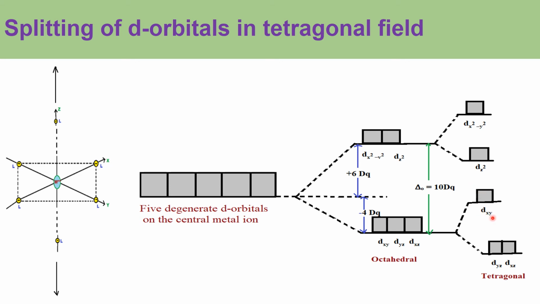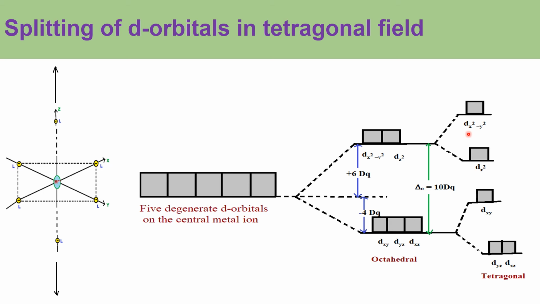So dxz and dyz orbitals have less energy than the dxy orbital, and in the case of eg orbitals, the dz square orbital has less energy when compared to the dx square y square orbital.